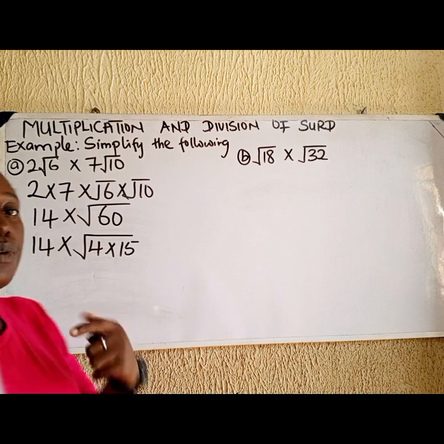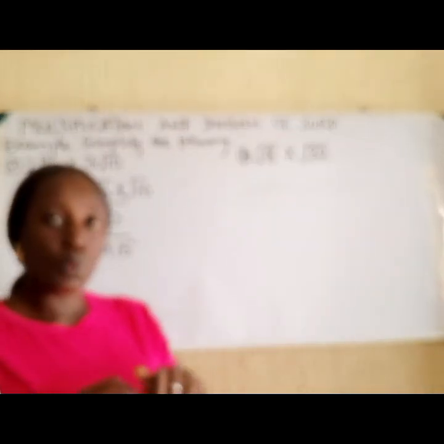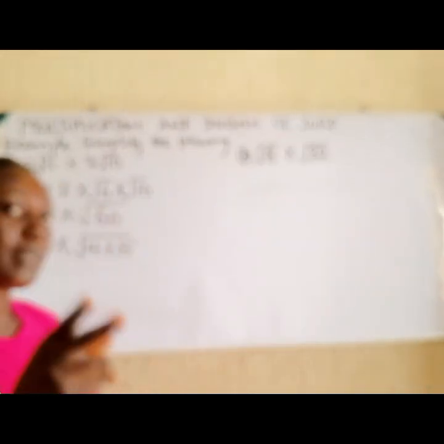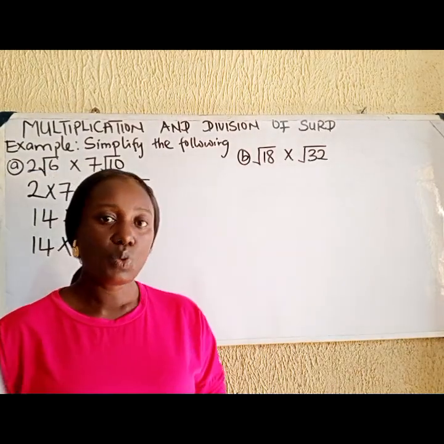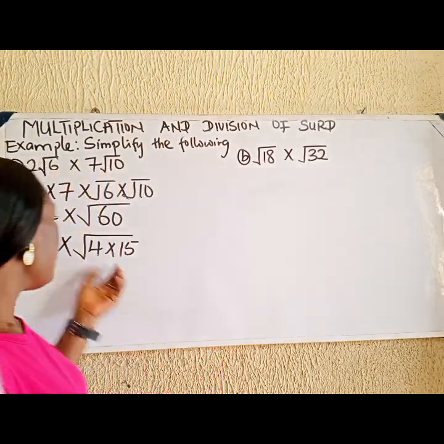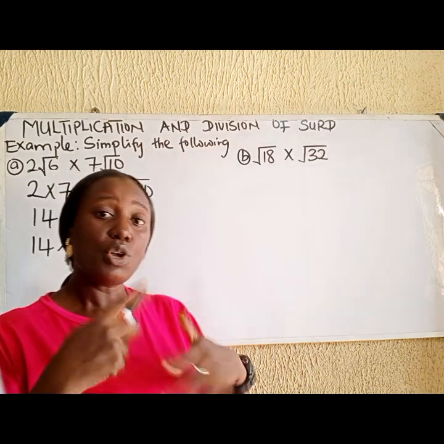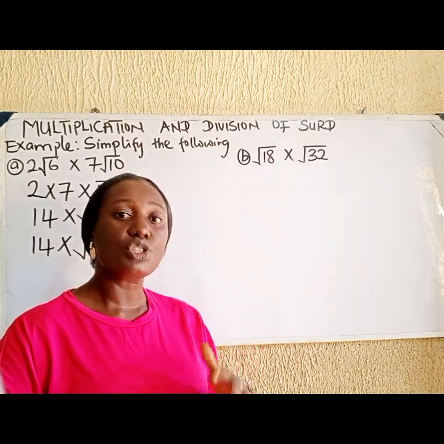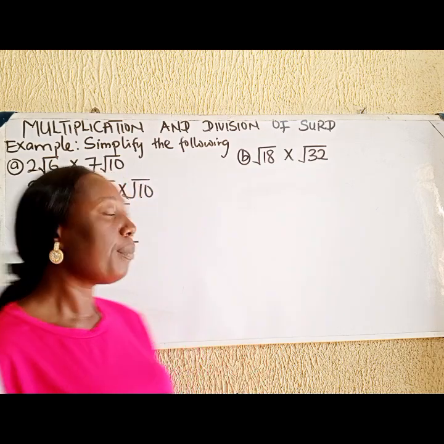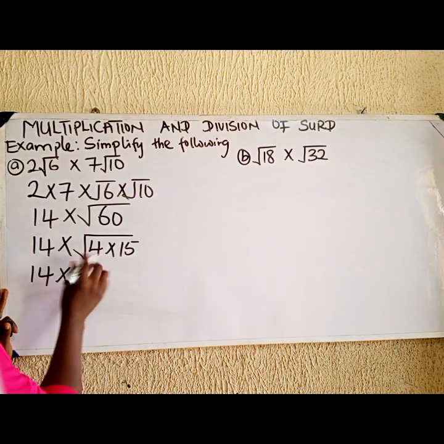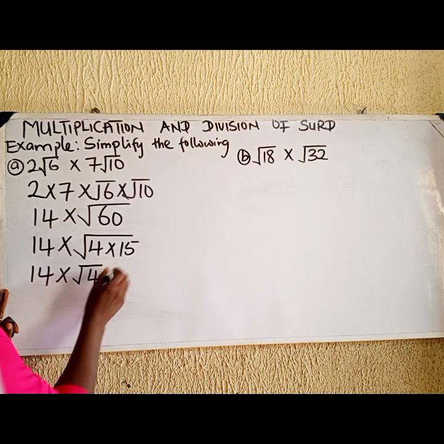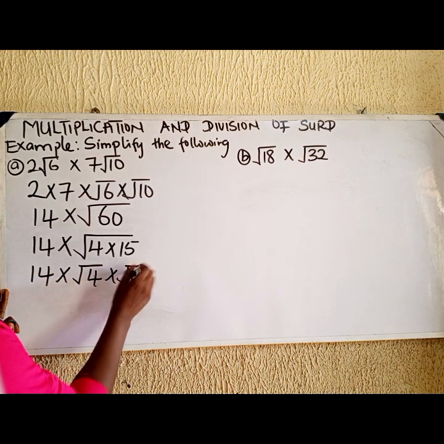One of those factors will be a what? A perfect square. A perfect square is a number that, when you look for the square root, will give you a whole number. So I have 14 times, if I separate this one, root 4 times root 15.